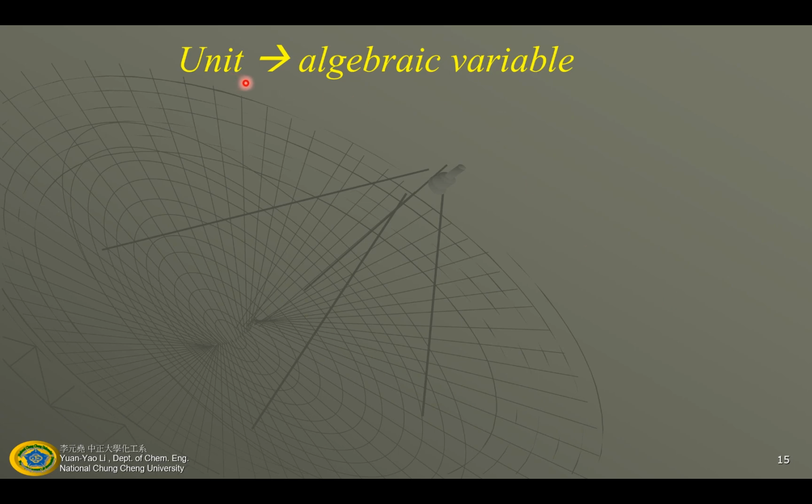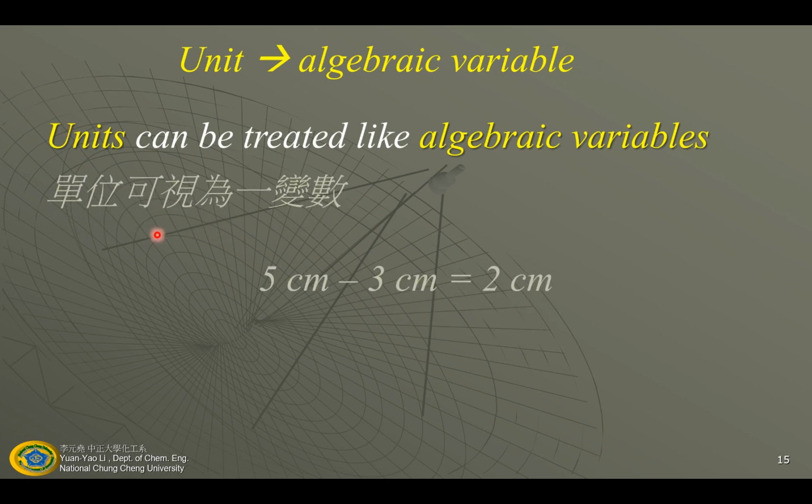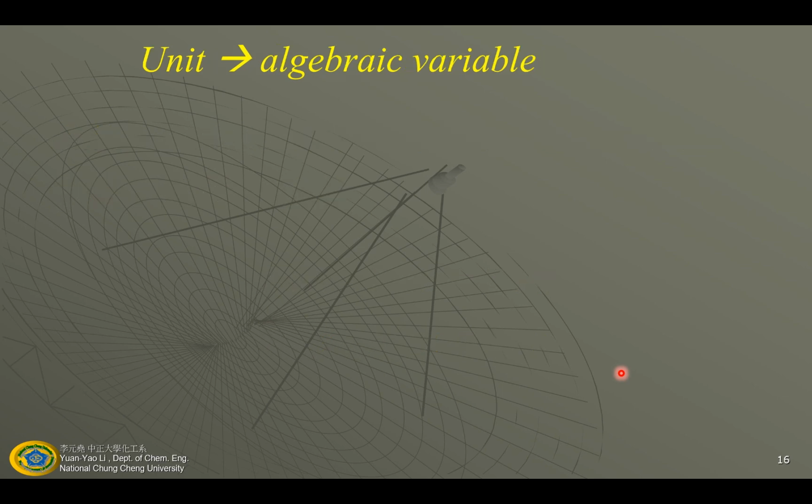So you can regard unit as an algebraic variable. For example, 5 centimeters minus 3 centimeters is equal to 2 centimeters, right? So it can be regarded as 5x minus 3x equal to 2x. Okay, so unit algebra.